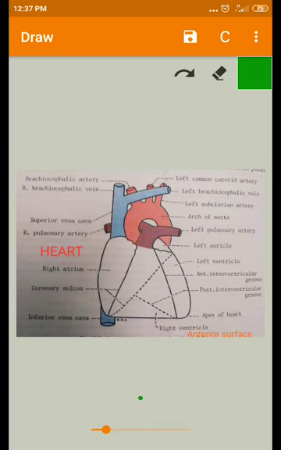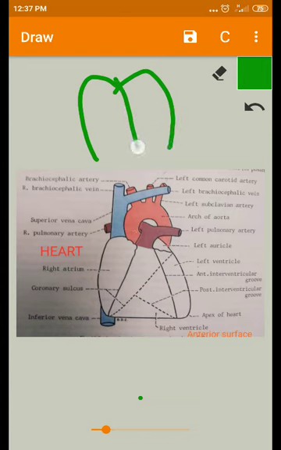The interatrial groove separates the right and left atrium. That is the interatrial septum or interatrial groove, which we call an external feature.